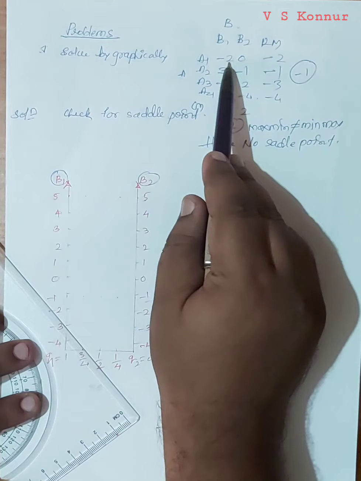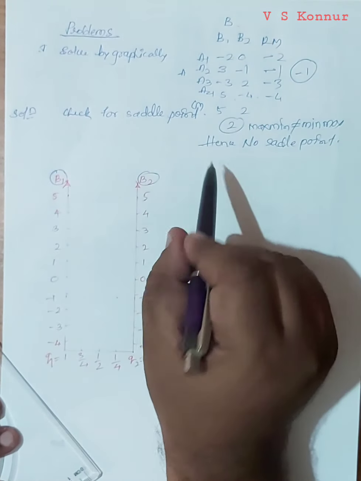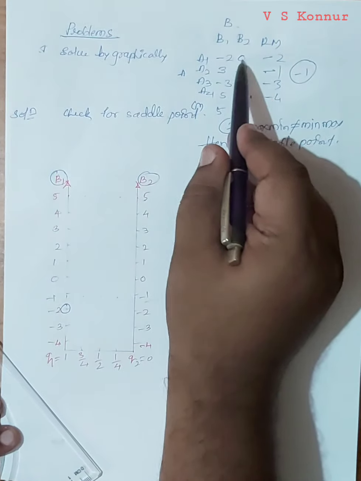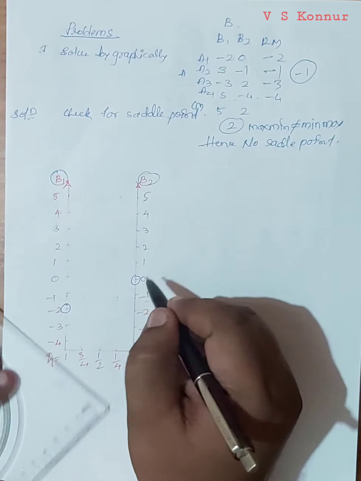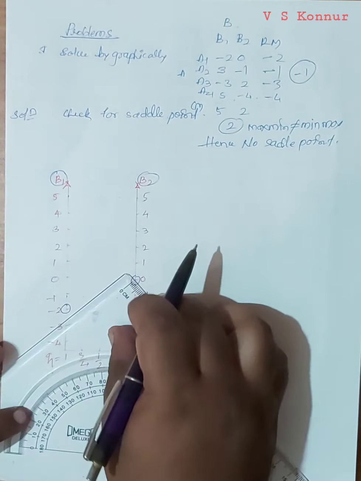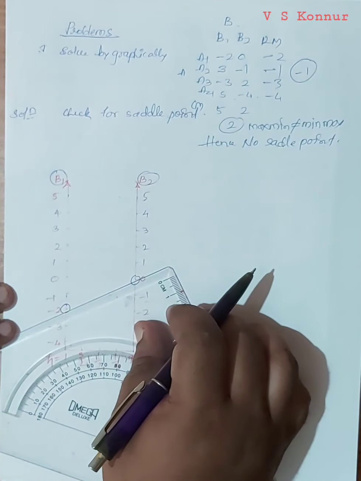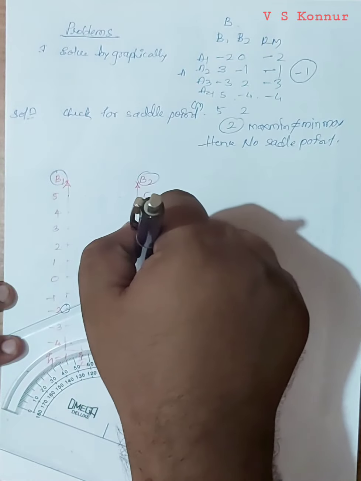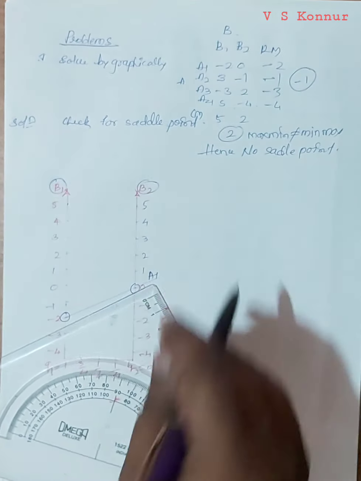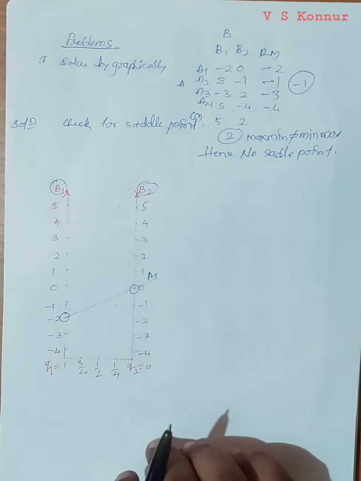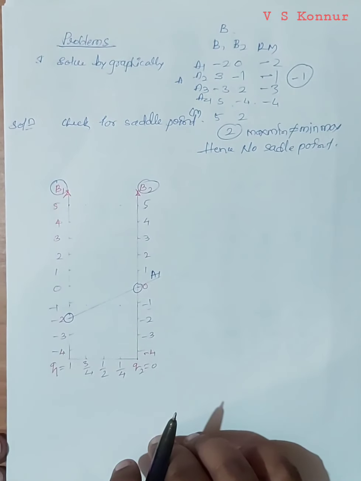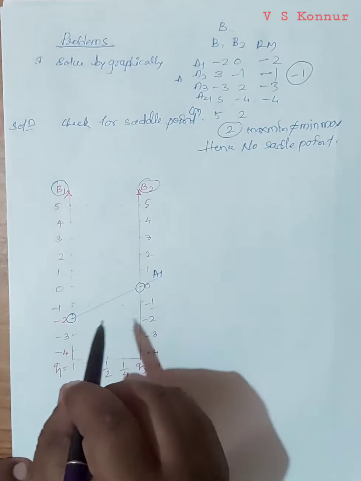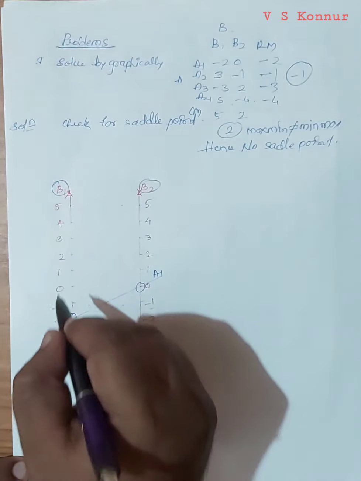A1 line: -2 for B1 and 0 for B2. This is the first line, and call it A1. Directly you have to write which line it is. Then the second line, A2, 3 and -1.